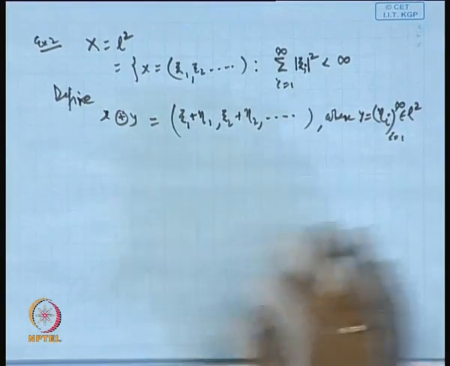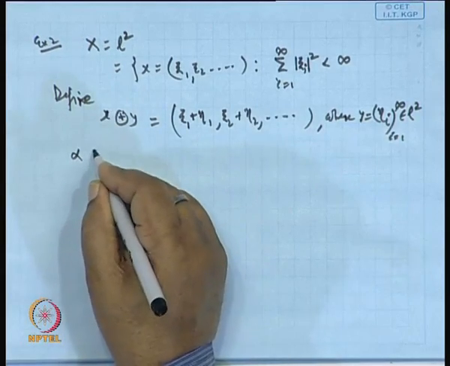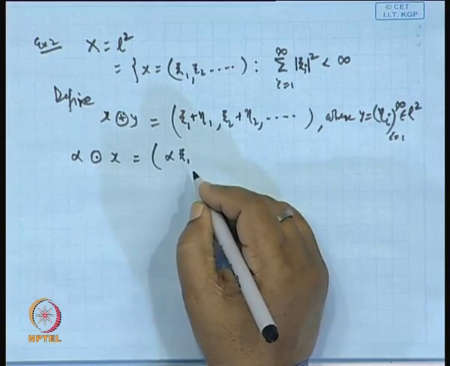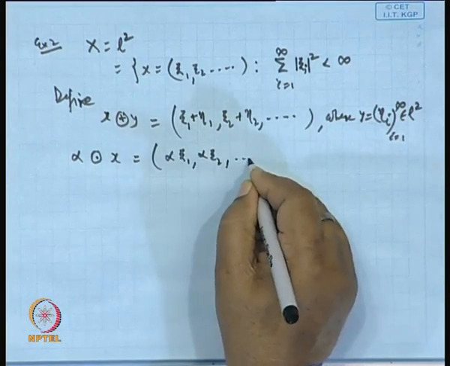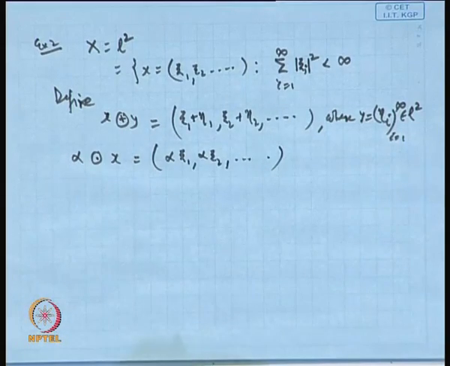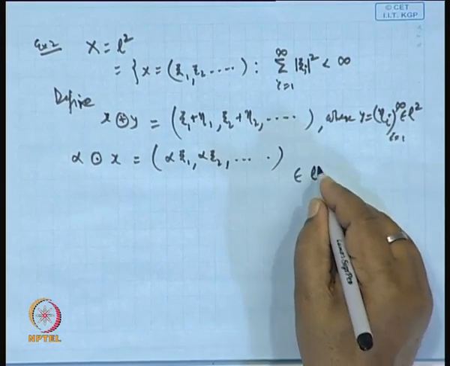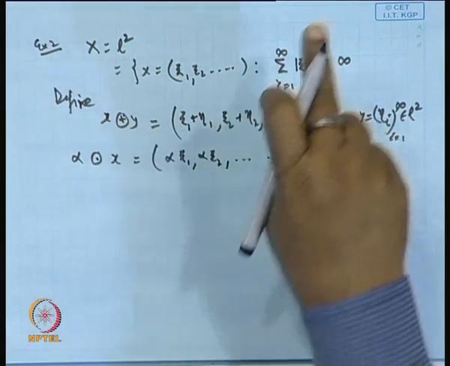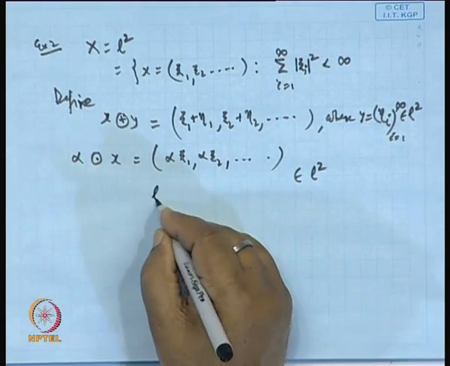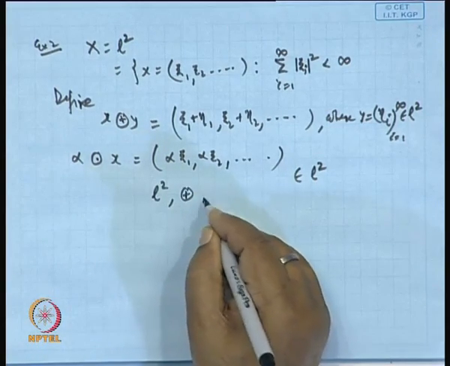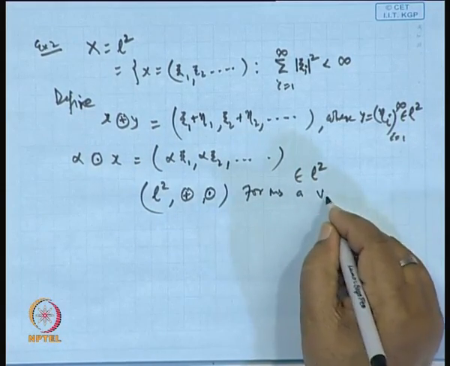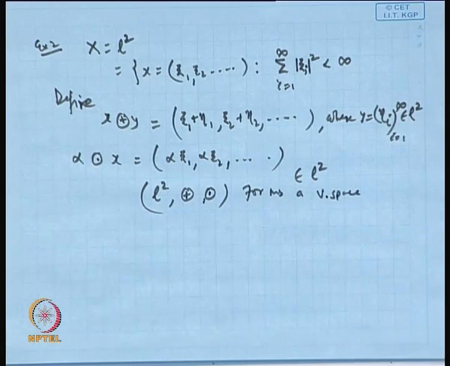Okay. And if we define the scalar product as alpha xi1, alpha xi2 and so on, then they are all elements of L2, the closure property. And if we go just like the previous case, we will see that L2 under these two operations forms a vector space.